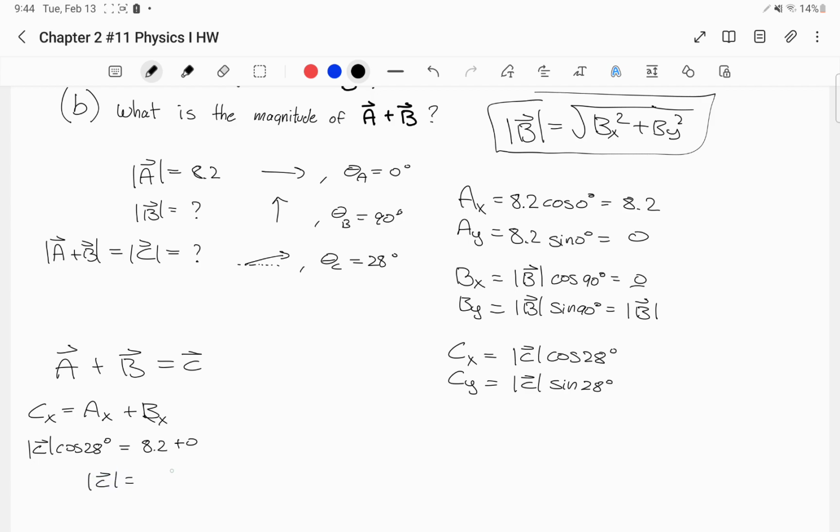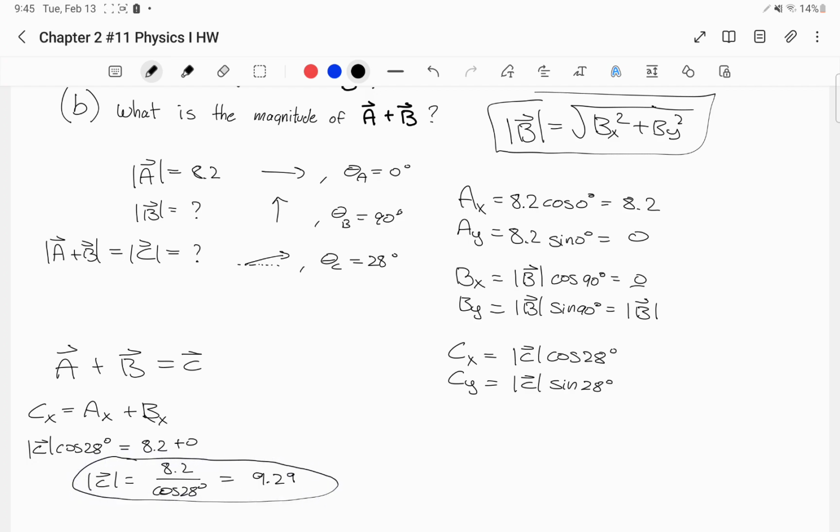So the magnitude of C is equal to 8.2 all over cosine of 28 degrees. Putting that in your calculator, you should get 9.29 units, and that is for the magnitude of C.